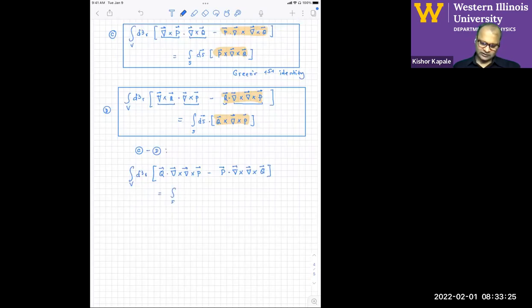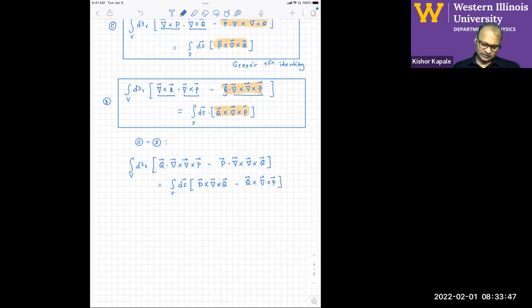And on the surface integral part, you will have just the subtraction of one vector crossed with the curl of the other one, minus Q crossed with curl of P. And that is called the Green's second identity for two vector fields. So both of these were the first identities.